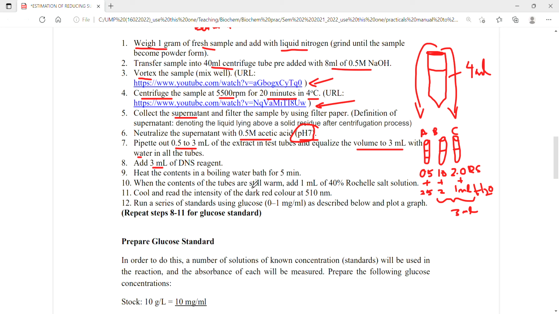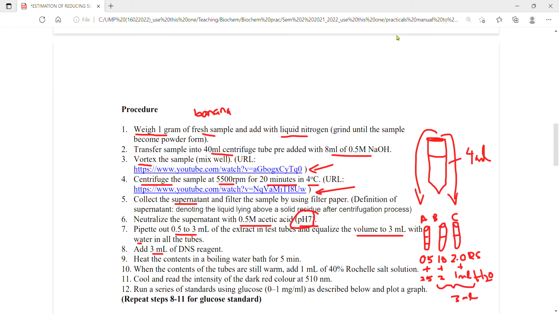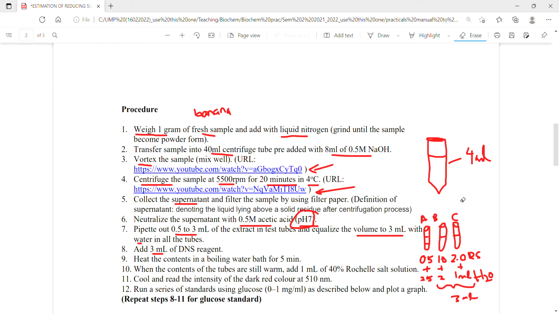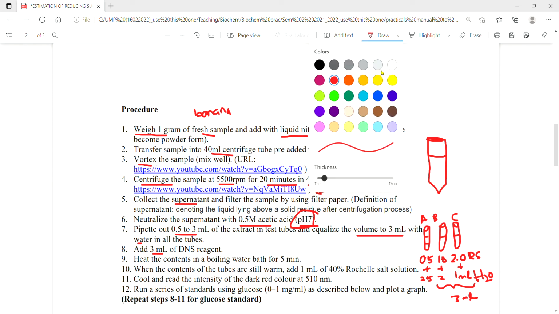Okay, how do we do that? Go back to show this. Very useful. Can use that again. Maybe use a different color to draw.